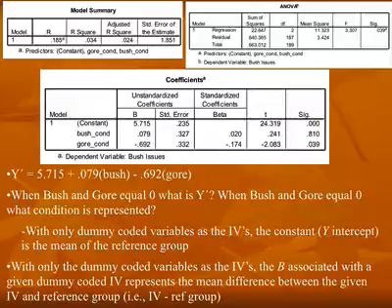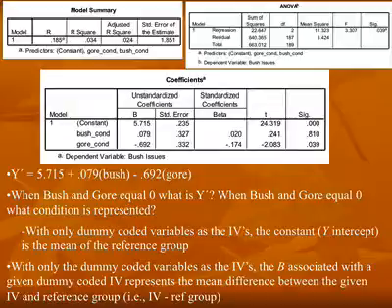And we can see from the coefficients that our predicted y is going to be equal to 5.715 plus 0.079 times the Bush variable minus 0.692 times the Gore variable, right?